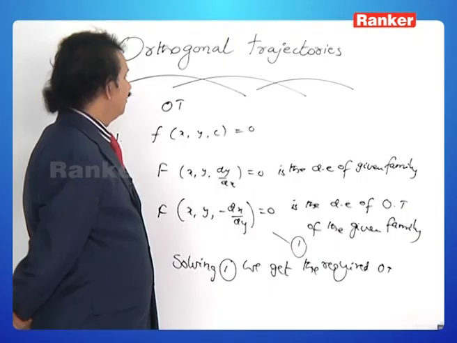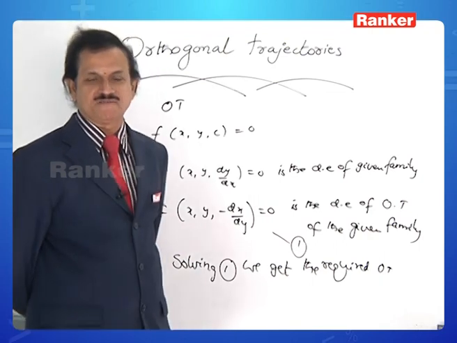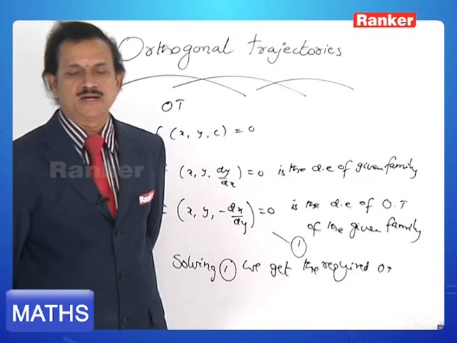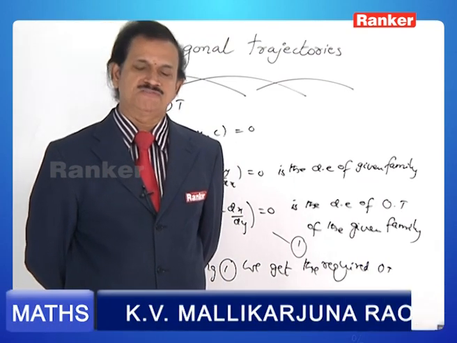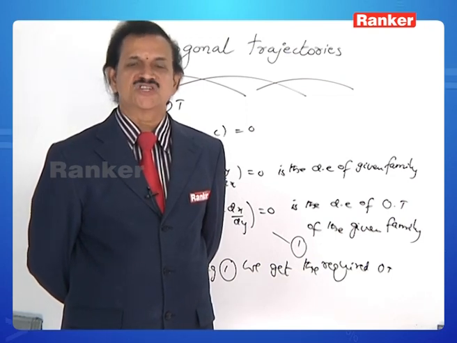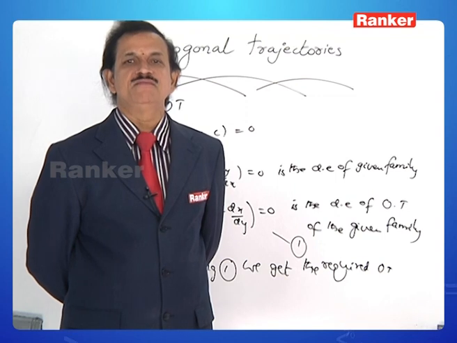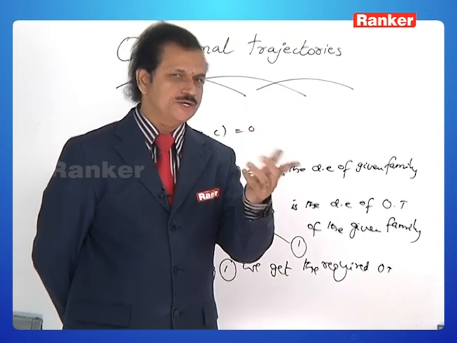Required OT. Well, my dear friends, let us have a brief revision of this topic. What is meant by an orthogonal trajectory? First of all, a trajectory means a curve which cuts each and every member of a given family of curves by following a fixed condition.